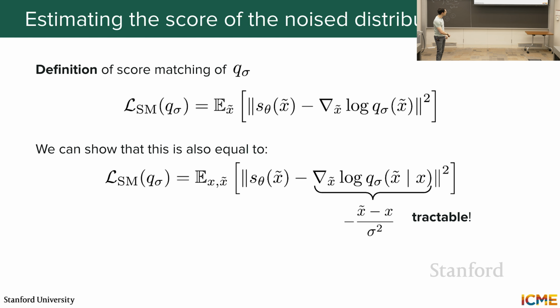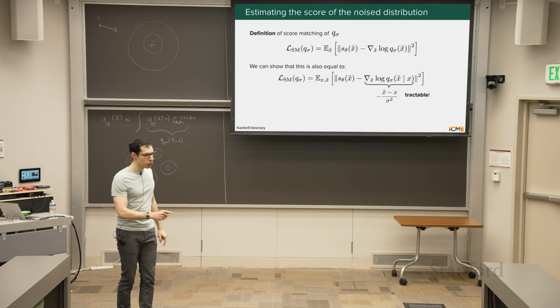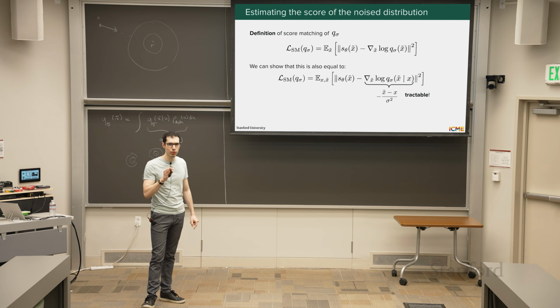And why is this good news? It is because that conditional score is something that we already saw. It is tractable. But we have a problem, and we're going to see it later. Before that, I'm trying to see if we have time to derive it.